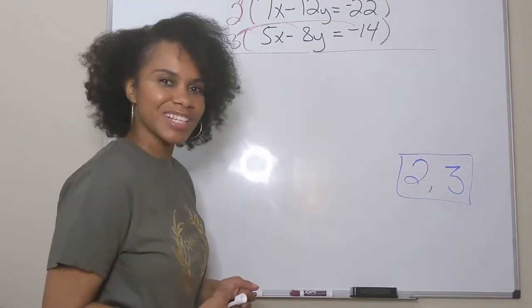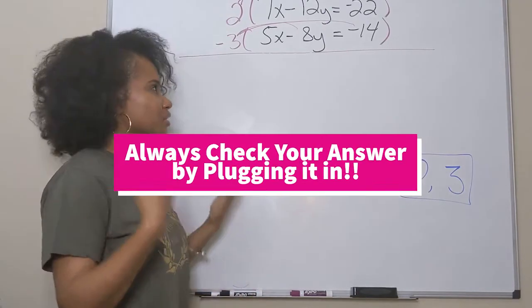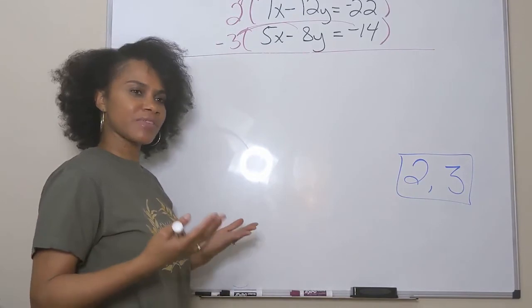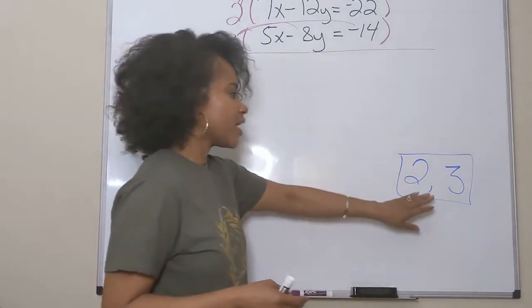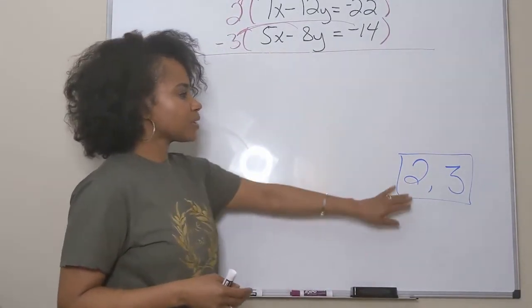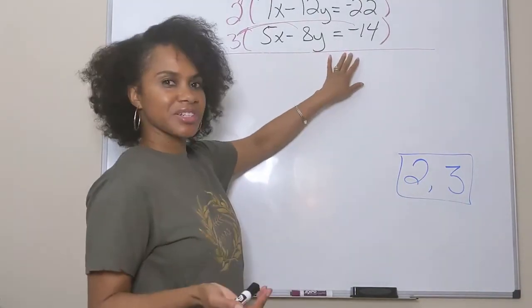All right, so one last piece I wanted to show you is to learn how to check your work. You could do this mentally. I'm going to write it out, but whenever you do your systems of equations or when you're solving any equation, always go back and plug in your values to make sure your answer is correct. So for this last problem, I'm just going to plug in my answer (2, 3) to make sure that it checks out.